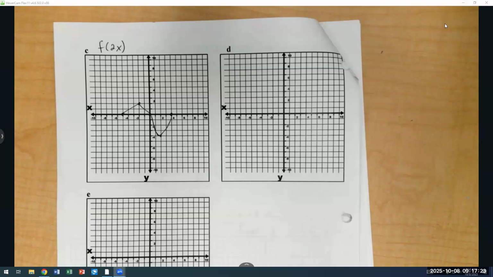So what do you think is going to happen here? Keeping in mind what we talked about already, is the new graph going to be smaller or larger than this one? Smaller. Smaller by how much? Half.